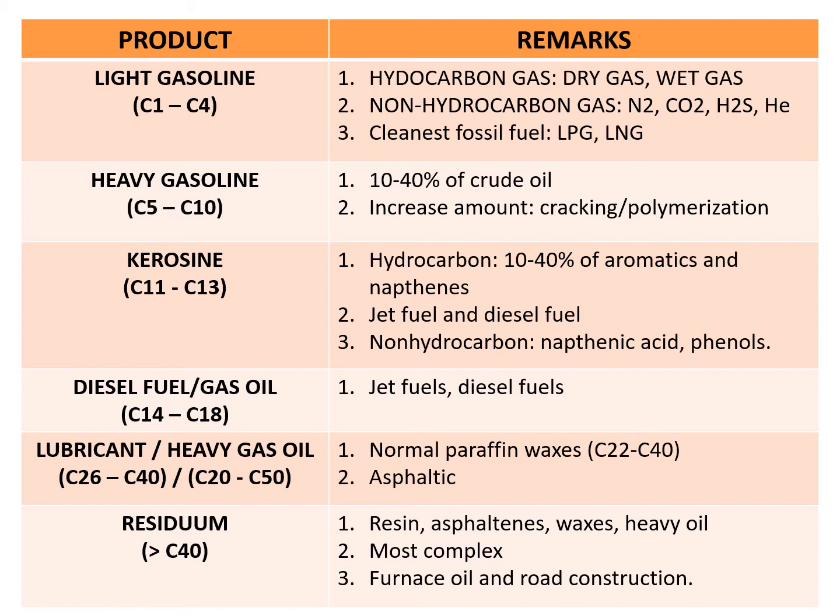So in conclusion, crude oil with high API gravity usually has high gasoline and low residue content, whereas low API gravity oils have low gasoline and high residue, because high gravity means low viscosity.